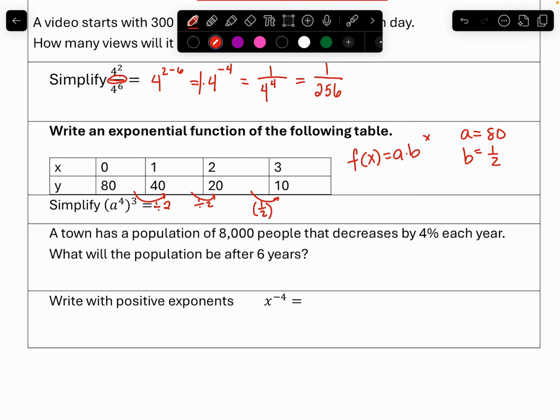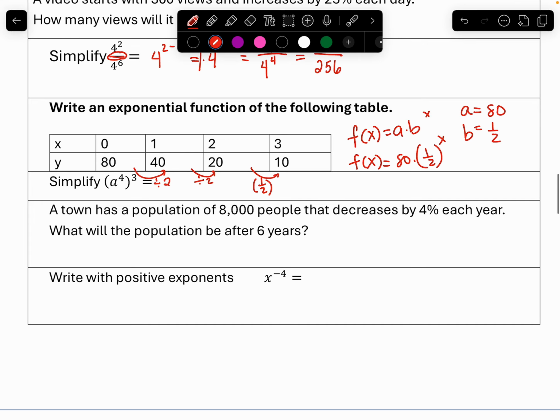B equals 1/2. So we have f of x equals 80 times (1/2) to the x. Make sure you put parentheses, please, otherwise it will be wrong. I do not want to see divided by 2 to the x. I do not want to see that. I want times (1/2) to the x.